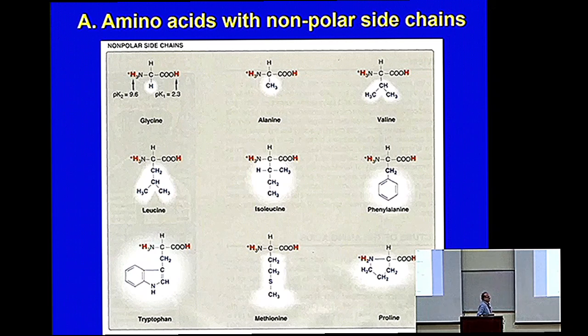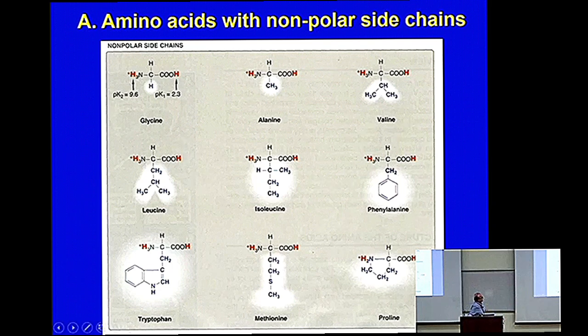So we're going to start with the first group of amino acids that have a non-polar side chain. I'll comfort you about all of this structural stuff in a minute, but let me get started and I'll tell you what you need to focus on as we go along.